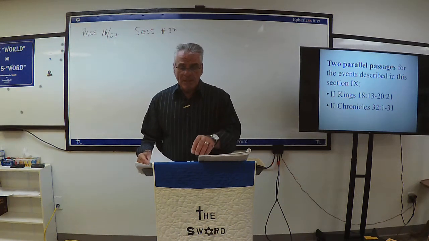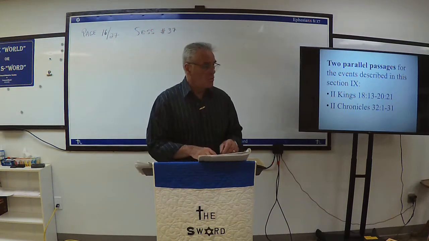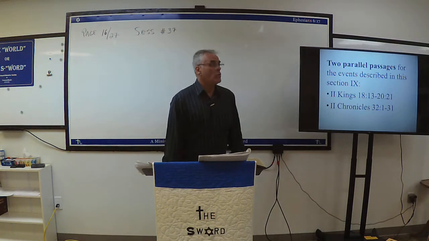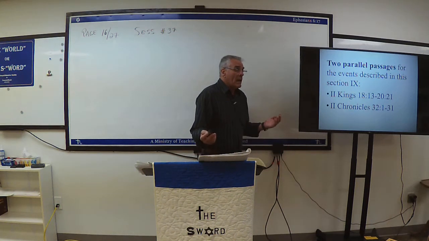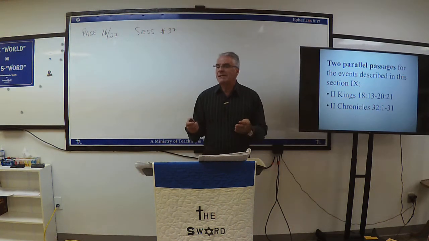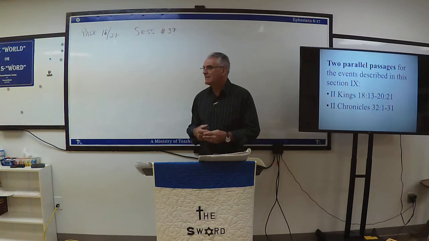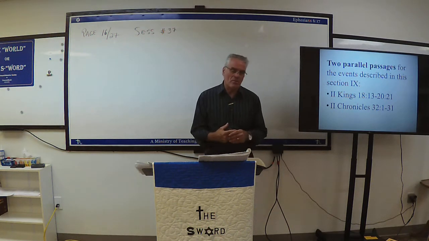So if you are interested to read parallel accounts, will I do 1st and 2nd Kings one day? Probably not, because you have already studied major portions of it in different books, the minor prophets and so on and so forth.